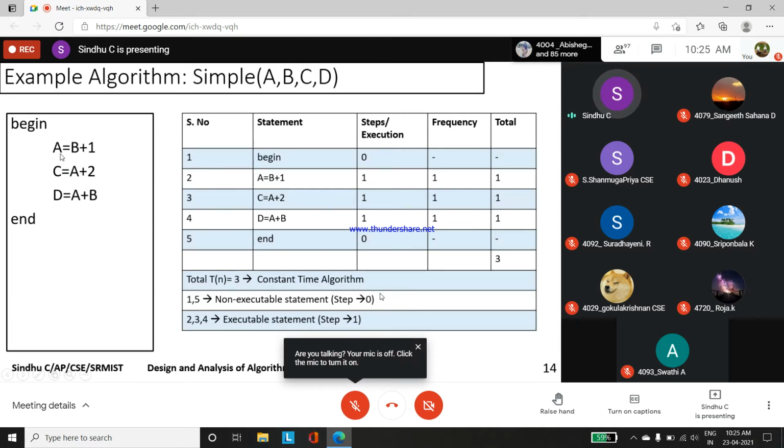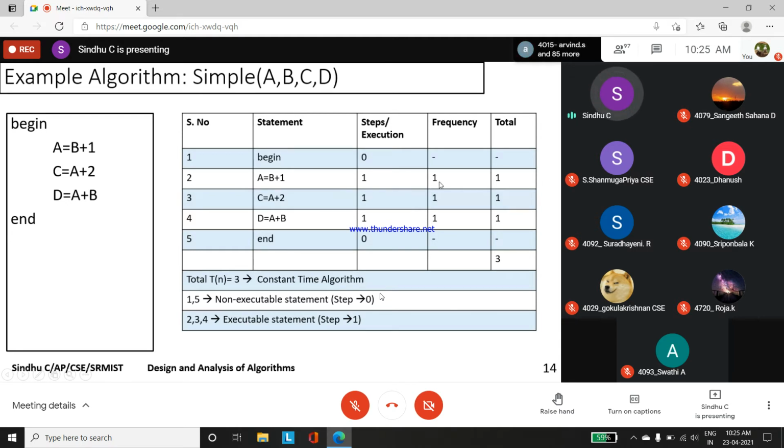Okay, randomly we have some 3 assignment statements. Right? So begin and end both are non-executable statements, right? And these 3 are executable statements. Okay, so this is an assignment into A, this is an assignment into C, and assignment into D. Now we give a value of 1 to each executable statement, multiplied by how many times it has occurred.